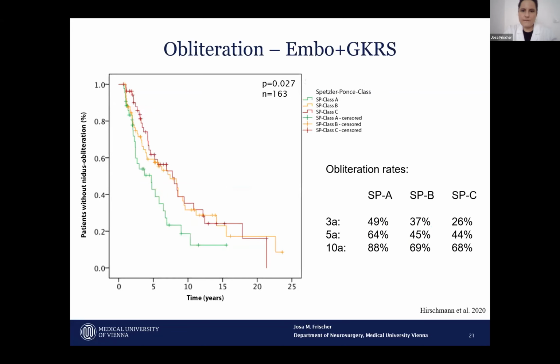However, if you check that now in our combined radiosurgery and embolization group, you can see that if there are selected Spetzler-Ponce class C patients that undergo prior embolization and then targeted radiosurgical treatment, the obliteration rates actually align from the Spetzler-Ponce class C with the Spetzler-Ponce class B, and then at the end have actually very good obliteration rates.